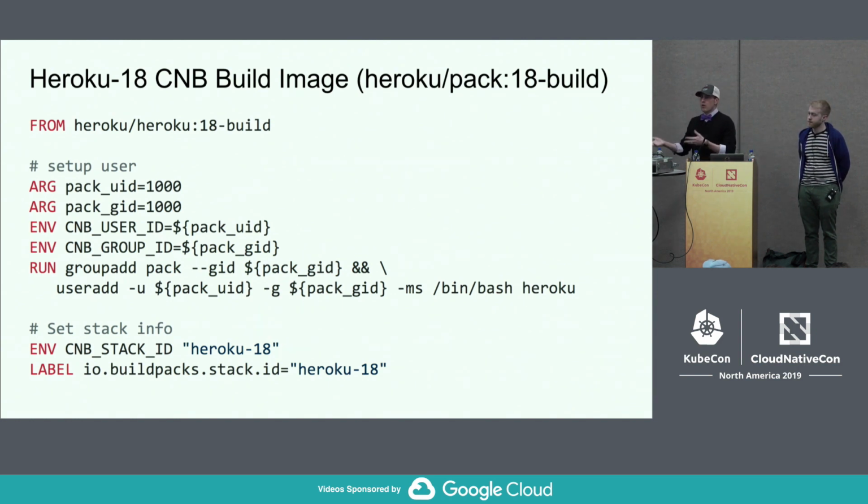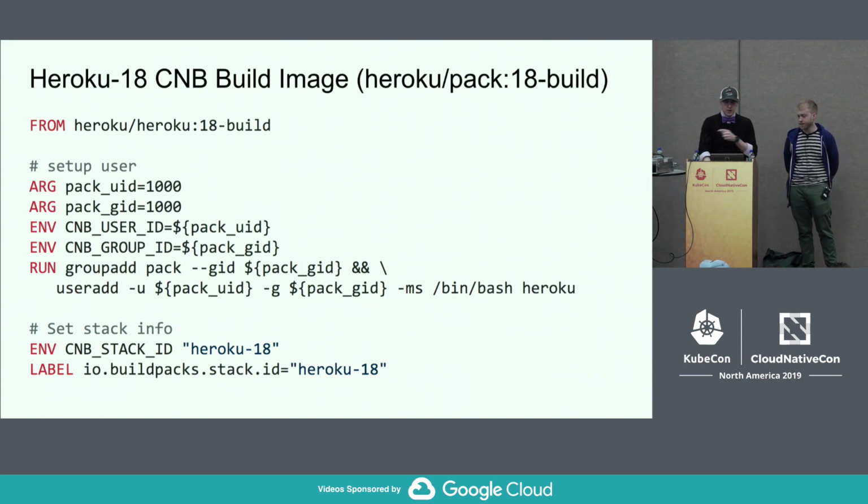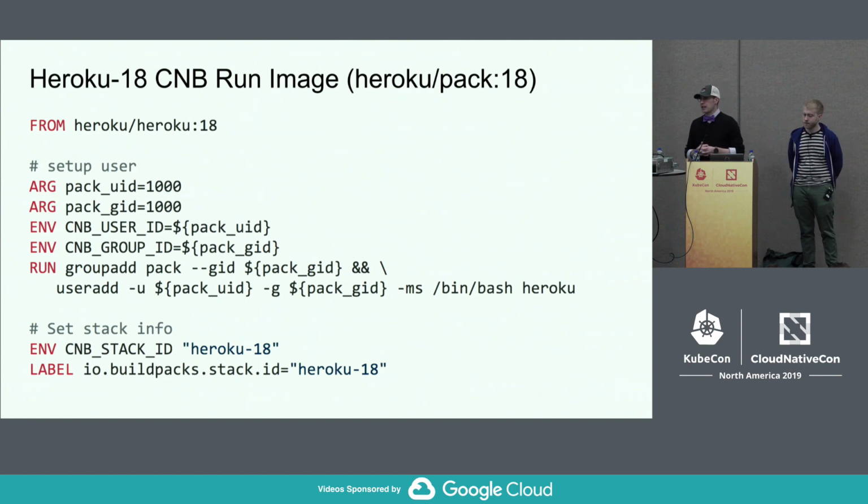So if you were to create your own stack from whatever flavor of Linux or whatever base image you want, you'd do something similar to this: have your from directive, and then add just those essential environment variables. So this is the Docker file for the build image. The Docker file for the run image is pretty much identical with just a different from directive.